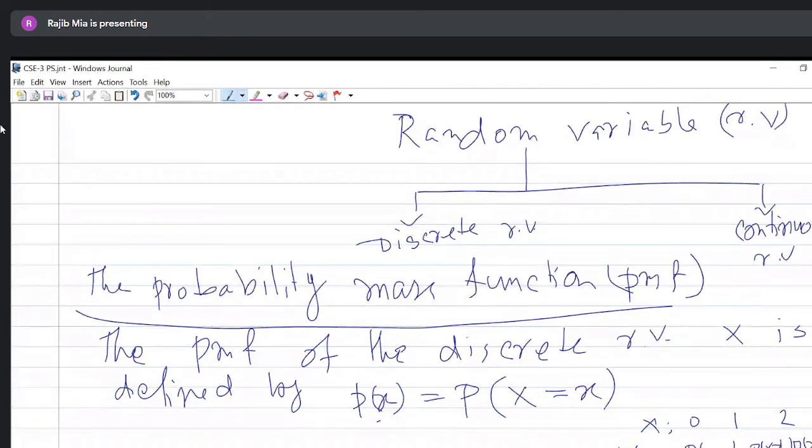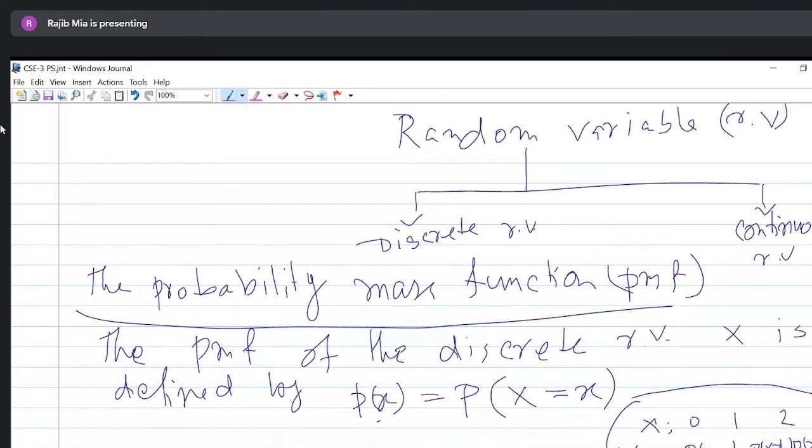Possible values of x for tossing two coins are 0, 1, 2, if x counts the number of heads. Then the probabilities are P(X = 0), P(X = 1), and P(X = 2). So this distribution is called probability function, or probability mass function.